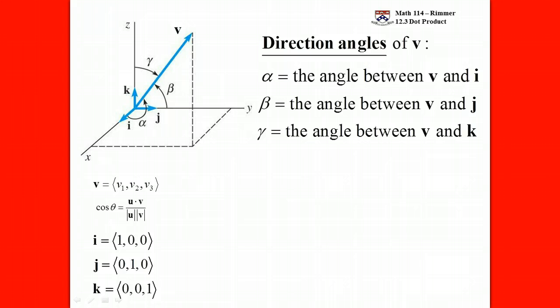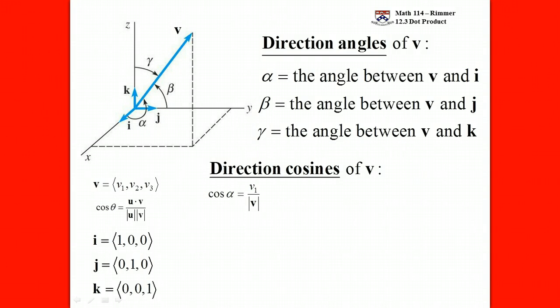So let's plug into the formula to find the angle between v and i. Let's go find alpha. If we do a dot product between v and i, the numerator will be zeroed out for the j and the k component, and what we get is simply the i component, v1.